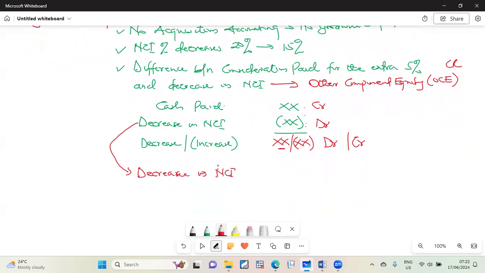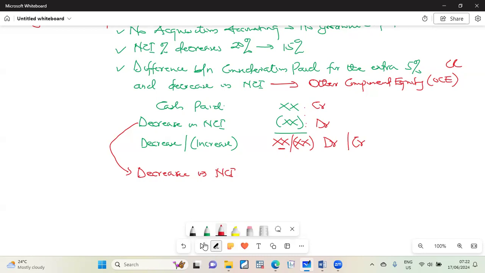The decrease in NCI will represent the proportionate reduction of the carrying amount of the NCI that you had at the date the additional purchase of shares was done. Because you had a carrying amount of NCI before, and when the movement happened, your carrying amount also changes. So that is where you find the decrease.